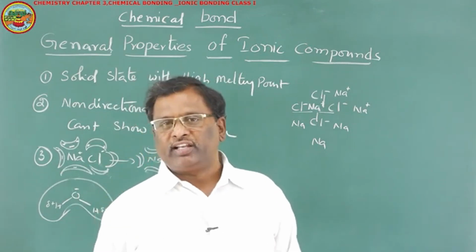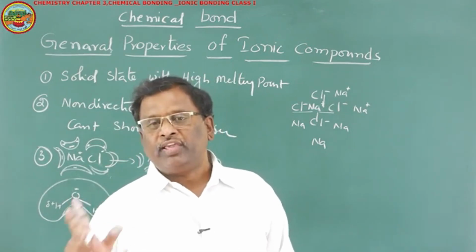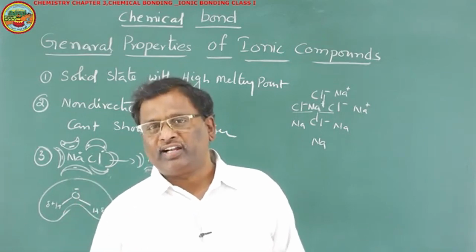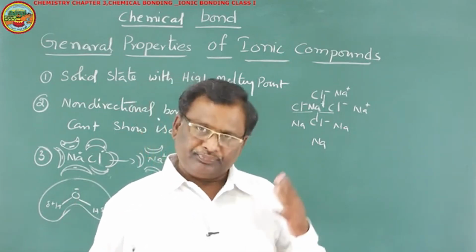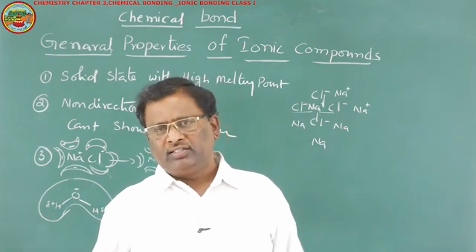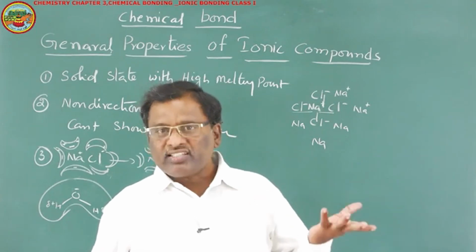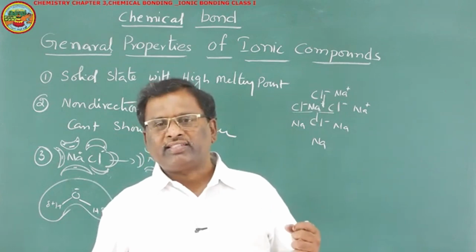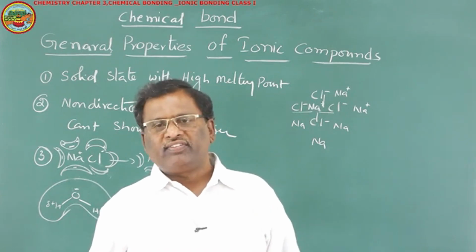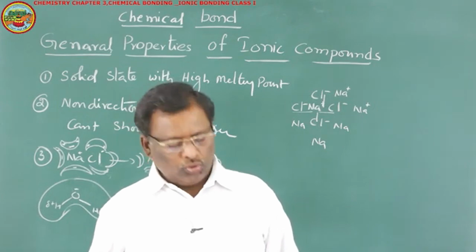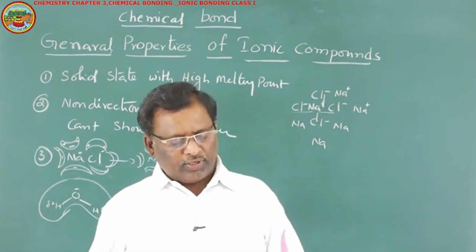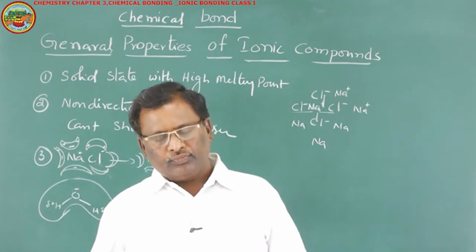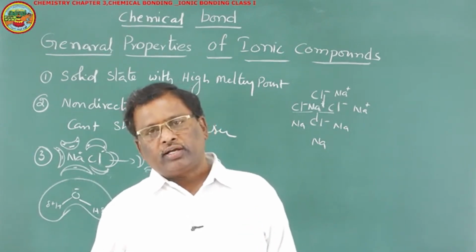In solid state, they behave as bad conductors or non-conductors. But in liquid state, that is in their molten state or in their aqueous solutions, they act as good conductors of electricity. So these are the general properties of ionic compounds.